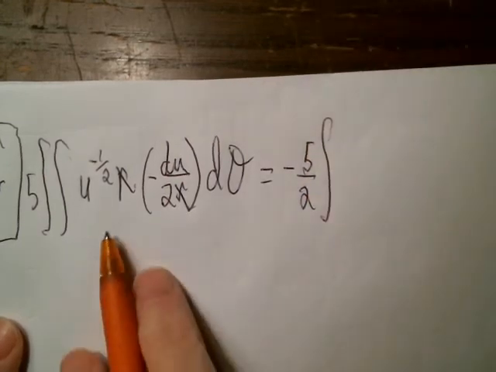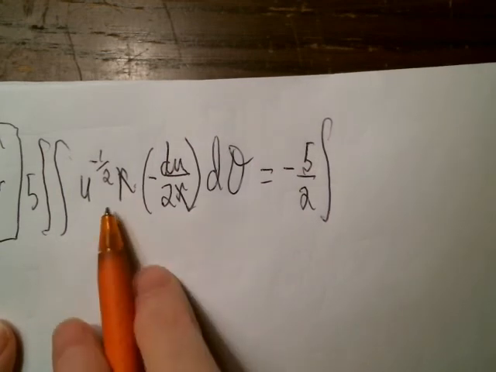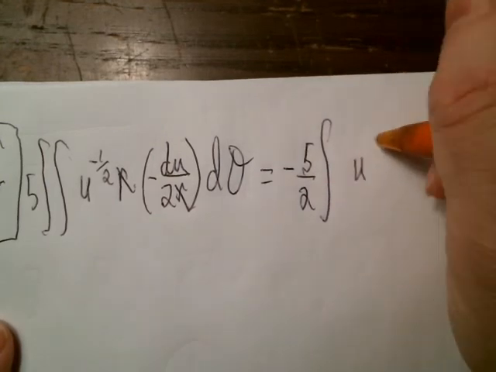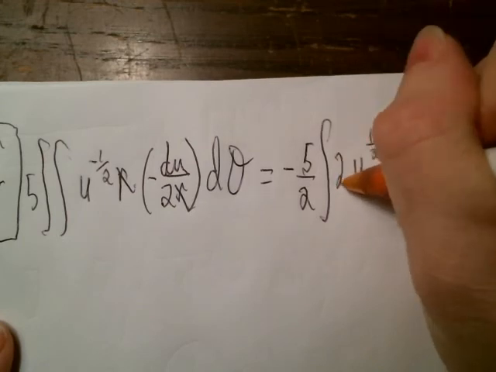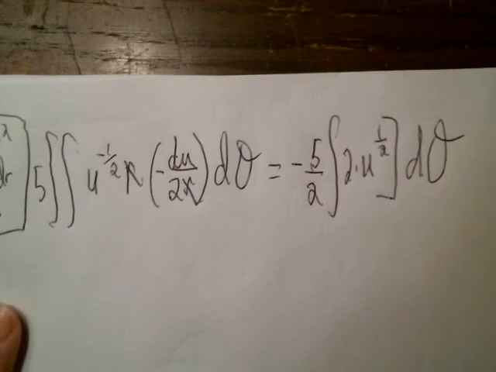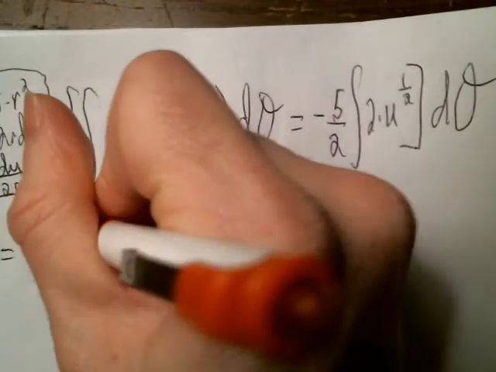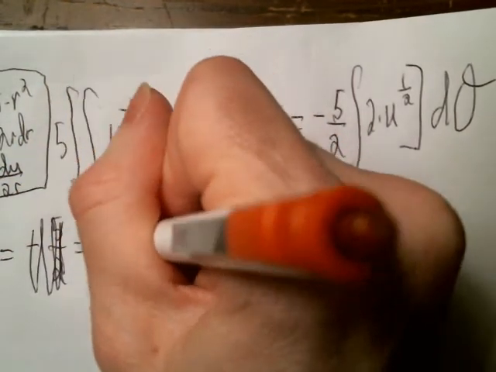And then I want to integrate this u to the negative 1/2. Okay, so that'll be u to the negative 1/2 plus 2/2 is u to the positive 1/2 divided by 1/2, which is the same as multiplying by 2. And I have to remind myself to evaluate. And then this will be negative 5/2, whoops, times 2, right? So let's just write negative 5.